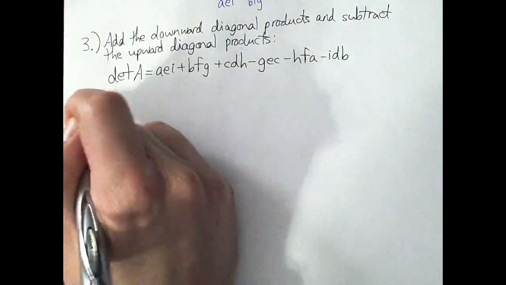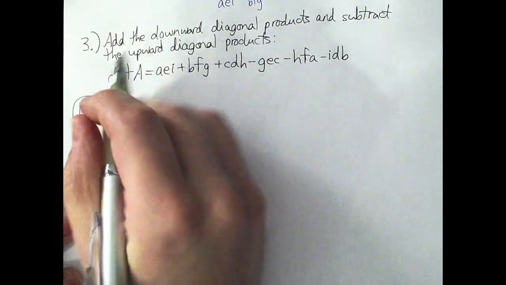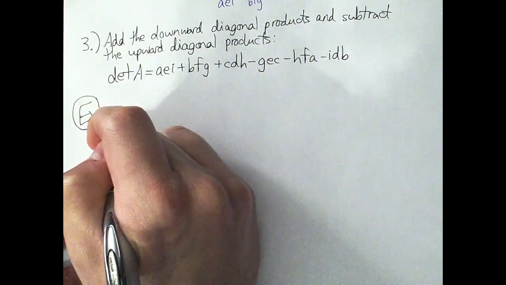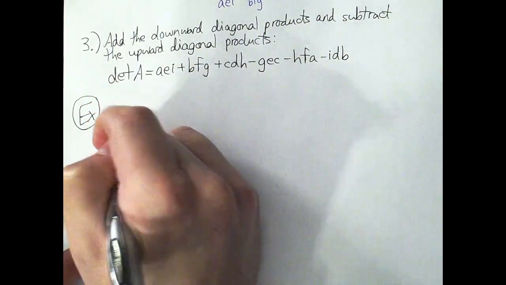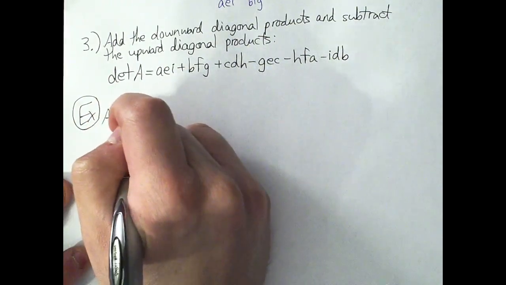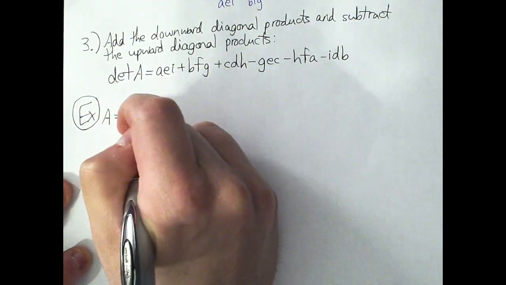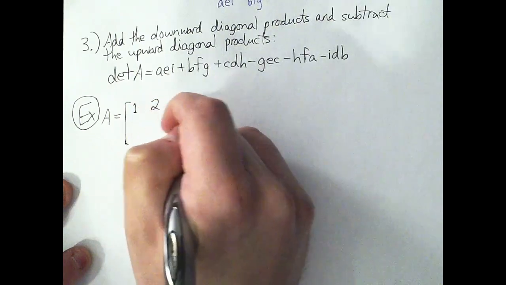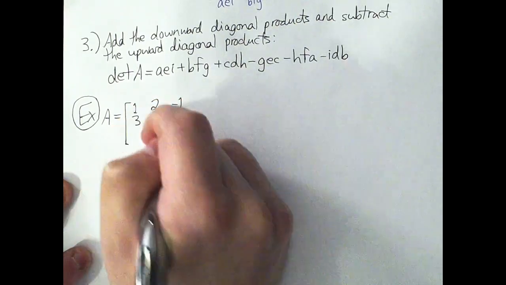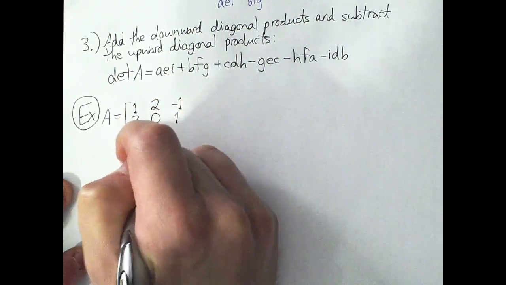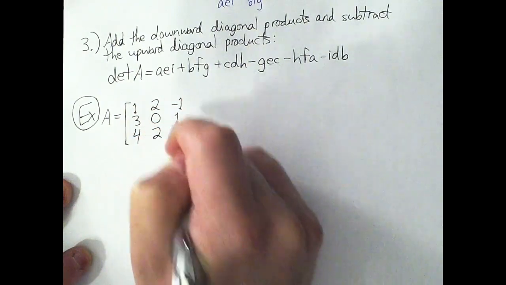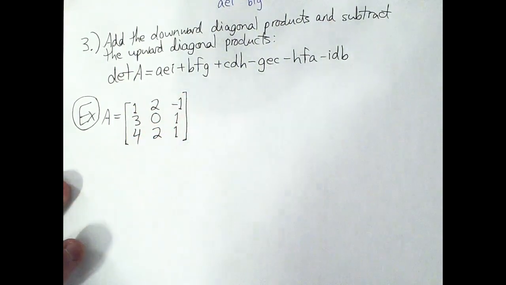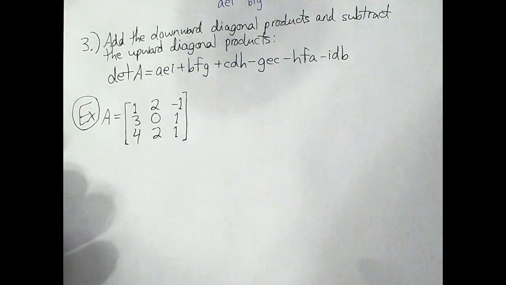All right, example of using this trick for 3x3 determinants. I'm going to start with one that we did earlier, and I'm going to do this one. And then I'll ask you to try one after this, to try out this method and see how you like it. So I think we did this earlier using the definition of the determinant. I want to show you this with this new method.